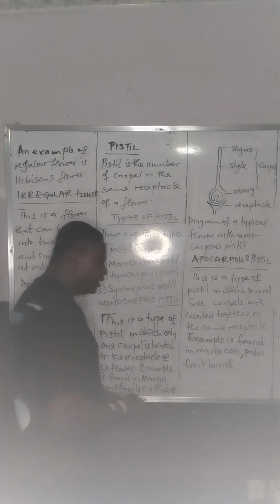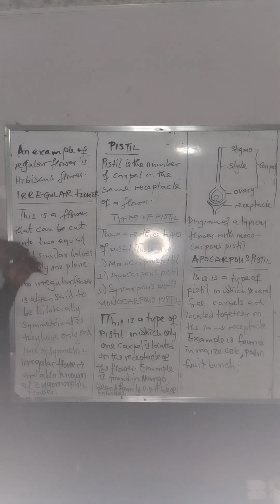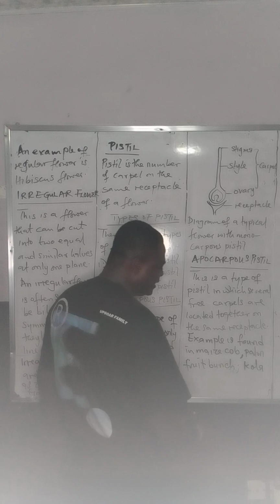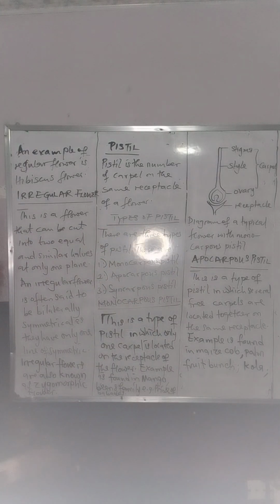A bunch of palm fruits, they call it banga in Benin, has several holes where several fruitlets of palm fruits are found, and they are not fused together. What about cola? Cola nitida, cola acuminata, and so on. So you have several seeds of cola on each hole or follicle. They are not fused together, they are separate. So that is apocarpous.